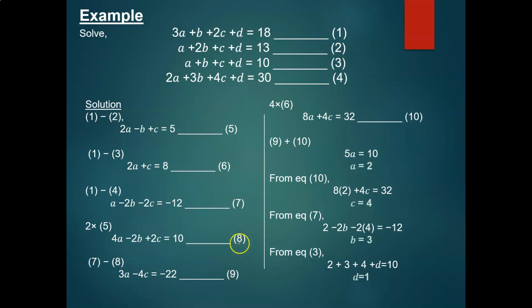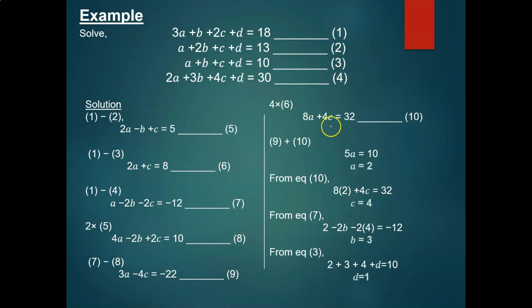So this is 8 equations already. So you can do equation 7 minus equation 8. 7 ni boleh tolak dengan 8 because they ada similar term. Ada A, ni pun ada B, ni pun ada C. So tolak je lah yang dua ni. Okay. So I obtain this new equation. So it become equation 9.